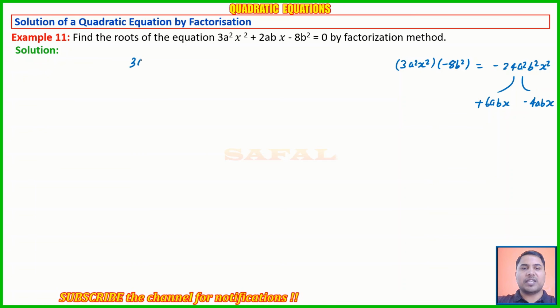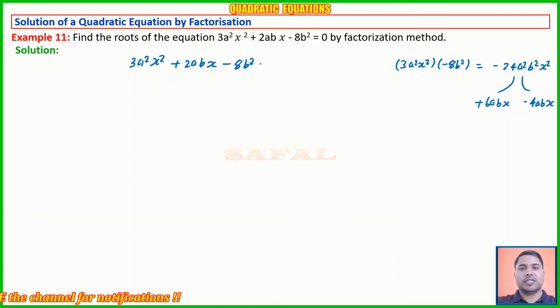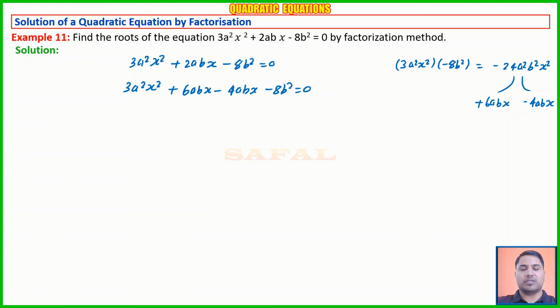So the above quadratic equation 3a square x square plus 2abx minus 8b square equals 0. So middle term को अपन split कर सकते हैं. So 3a square x square plus 6abx minus 4abx minus 8b square equals 0. So यहाँ से अपन क्या कॉमन ले सकते हैं?